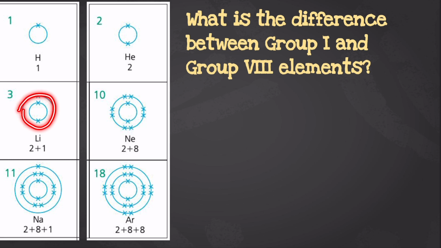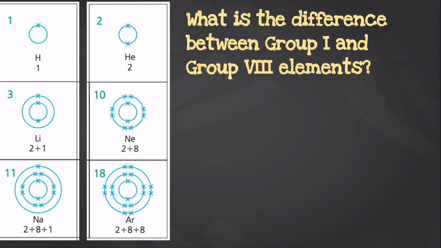The second shell can take 8 electrons, but as you can see, it only has one. The third shell can take 8 electrons, but you can see it only has one. So this is missing many electrons, 7. So it just wants to get rid of that extra electron so that it can become stable.